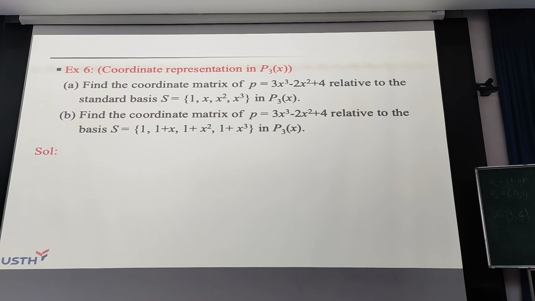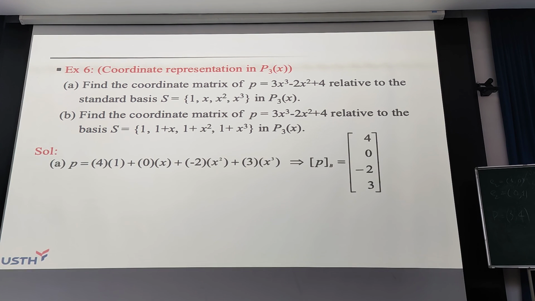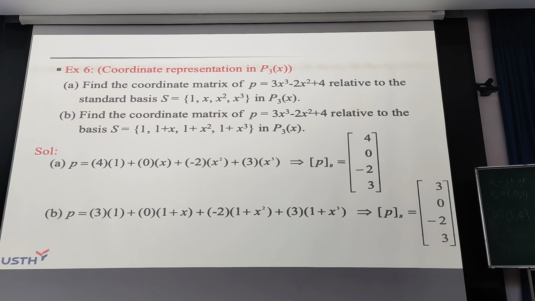Then how can you do it? You can do as follows. P to be that one. That is the coordinate of P inside the standard basis. This is 4, 0, as I told you, 4, 0, minus 2 and 3. And you can find it here by direct calculation.